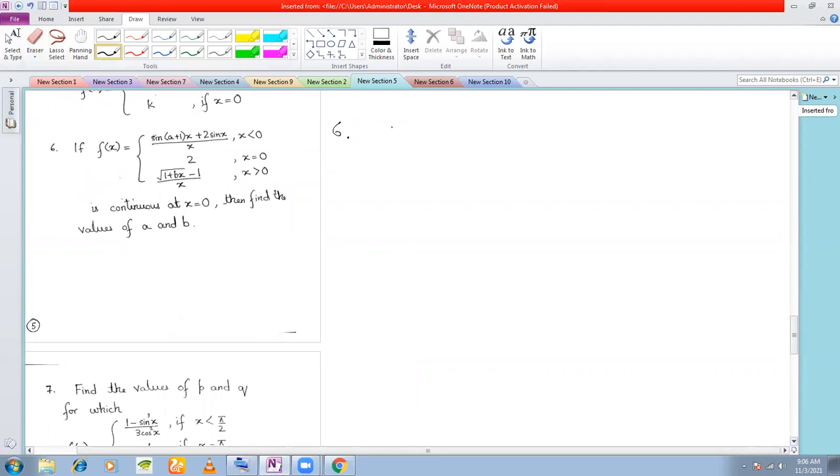Question number 6. Given f(x) is equal to sine of (a plus 1)x plus 2 sine x, divided by x. This is when x is less than 0.